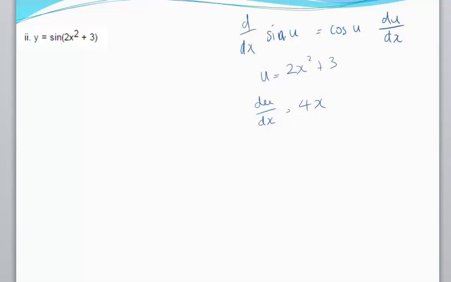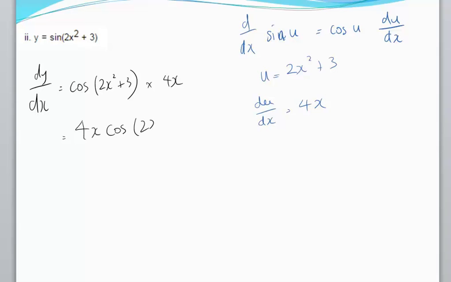Now dy/dx: first of all, our sine u becomes cosine u, so cosine of 2x squared plus 3 multiplied by du/dx, which is 4x, will become 4x cosine of 2x squared plus 3.